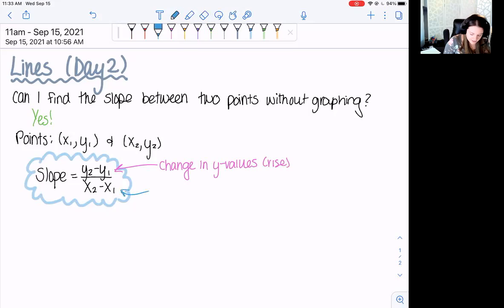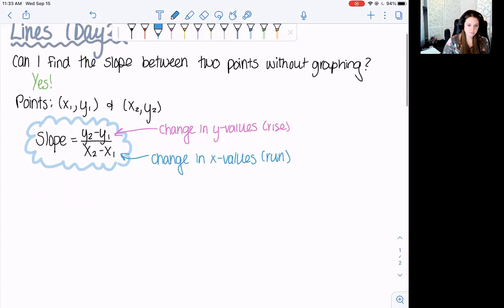And x2 minus x1 is the change in x values, which is the run. So this is rise over run, but it's a formula instead of looking at it on the graph. Let's do some examples.